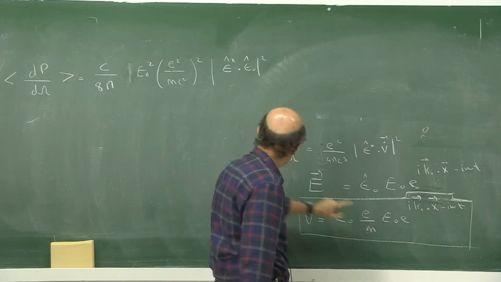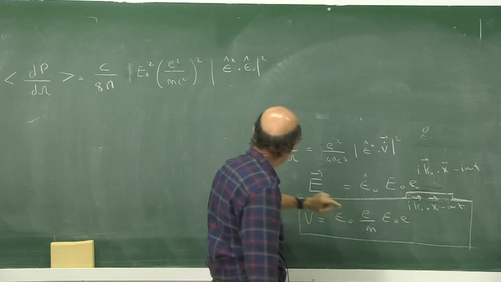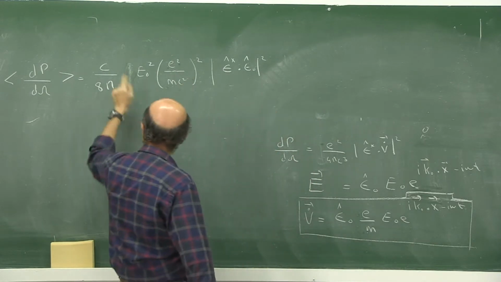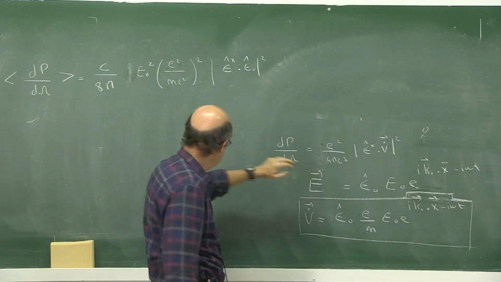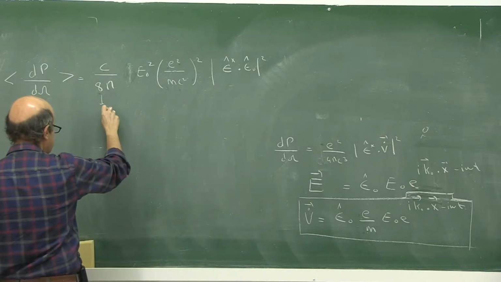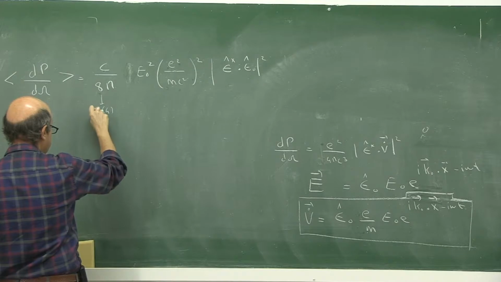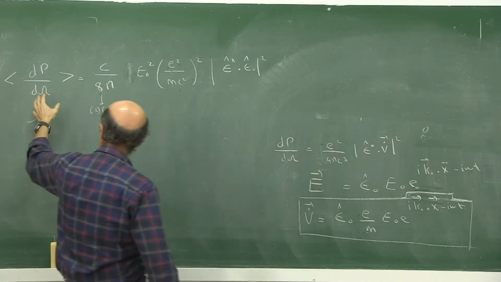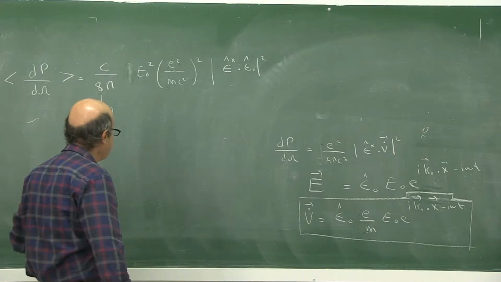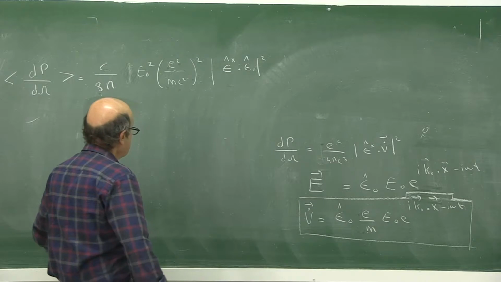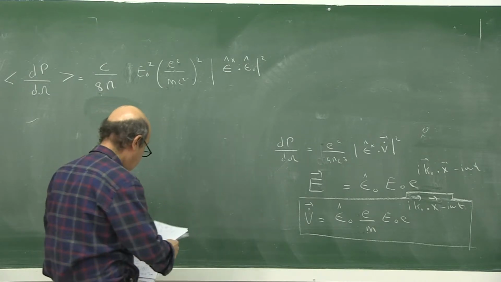We have m squared because the square of this will be m squared. And we have what? c cubed, and that is c to the 4th times c. And we have 4, and here we have the 8 because 4 is multiplied by 2. If you integrate through one cycle, if you take the time average for one cycle, you will end up with a factor of 2 extra. So this is the situation.